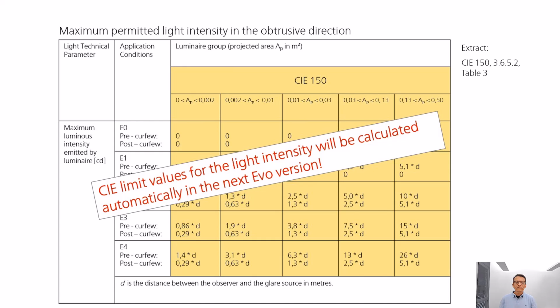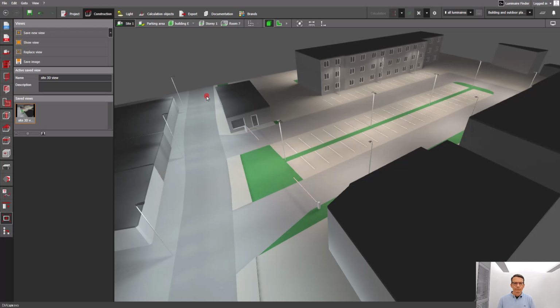Now, let's have a look at the implementation in DIALux evo 13, where you will find the possibility to calculate the light intensity values. To calculate the light intensity, first we have to insert a light intensity calculation point.